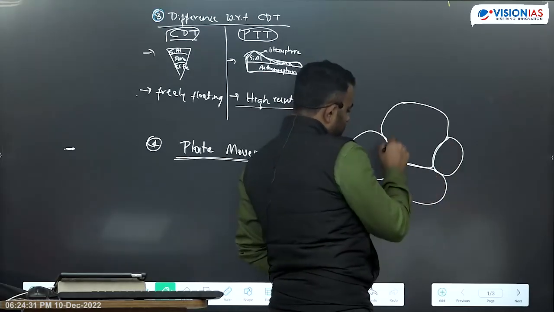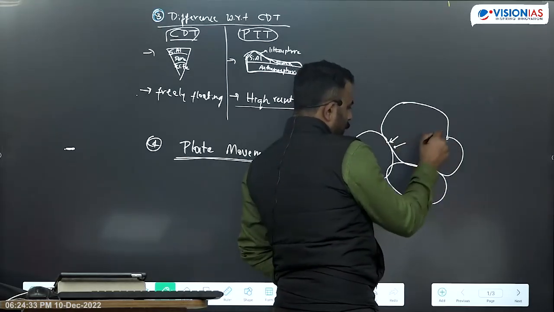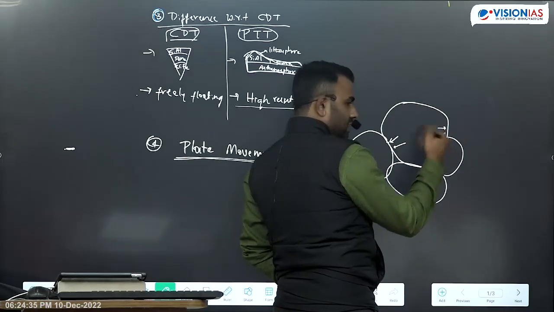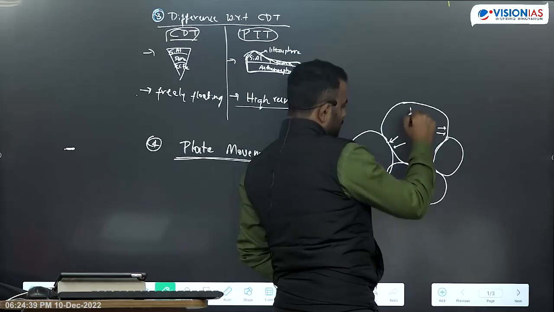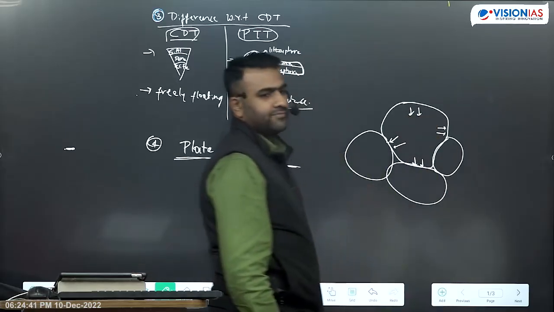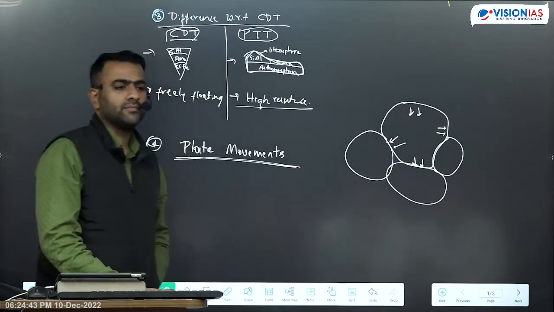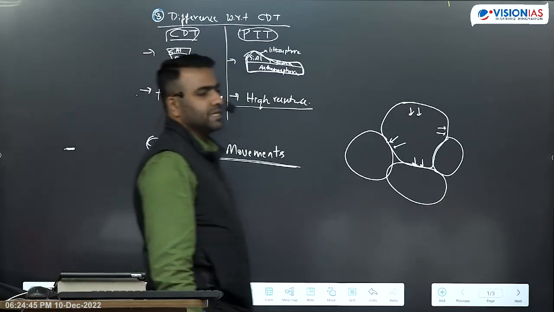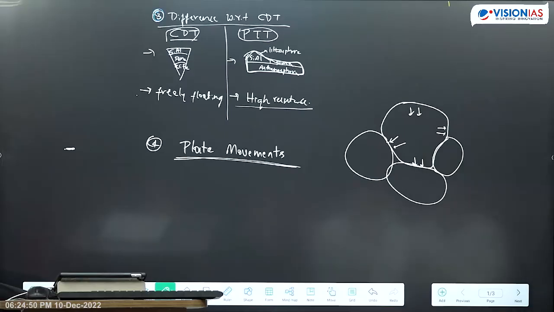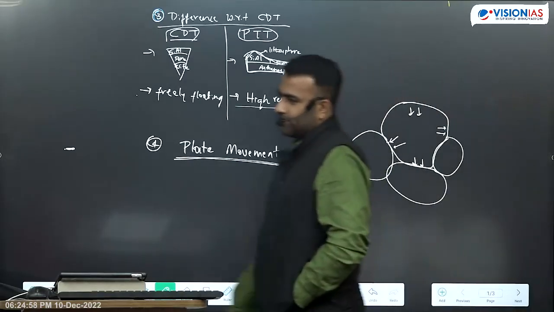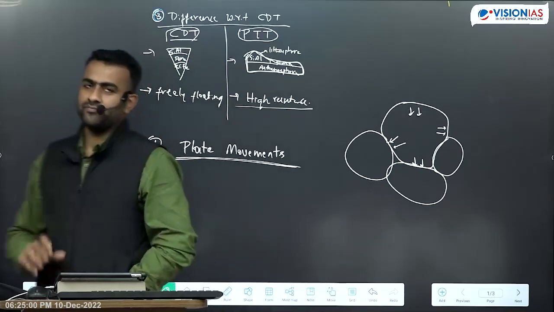If this plate is moving in this direction here, it may also be moving in another direction at another end, because the plates are so big in size, they cover thousands of kilometers, and the movement is very, very slow. It is possible.